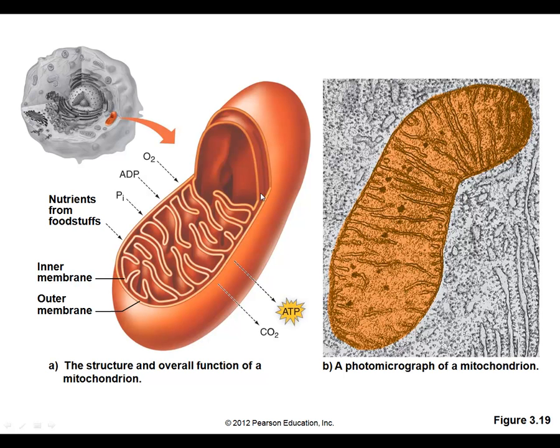It is in this space that you will have the hydrogen ions, as you will see later on, being accumulated, and it's at the inner membrane of the mitochondria that you will generate quite a bit of the ATP.